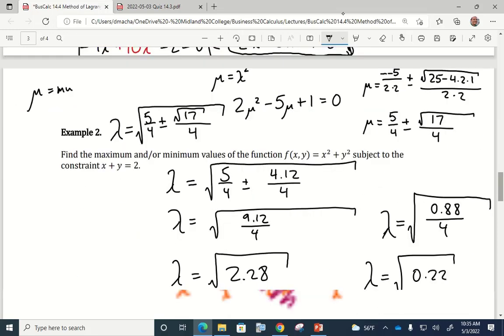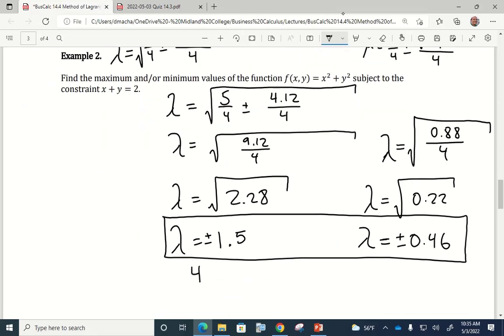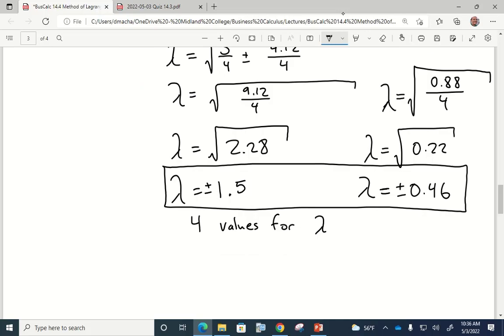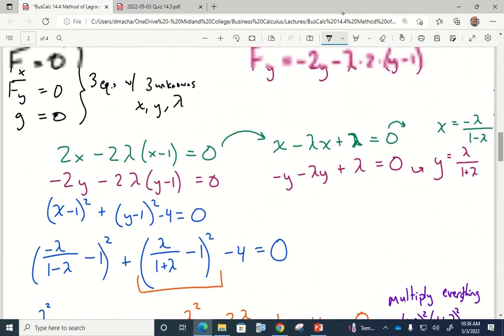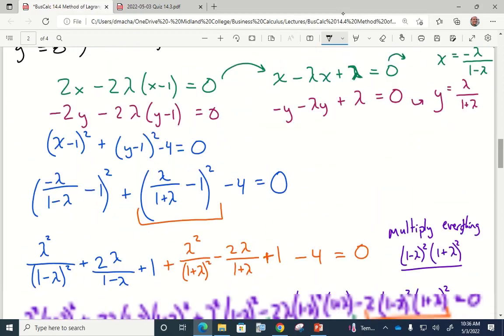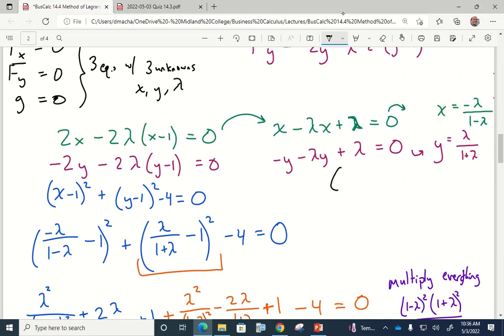So actually, there are 4 values that work for lambda: positive 1.5, negative 1.5, positive 0.46, and negative 0.46. If we plug in all 4 of those values for lambda, it's going to give me 4 points, x comma y, that are maximums or minimums of my function along my constraint.